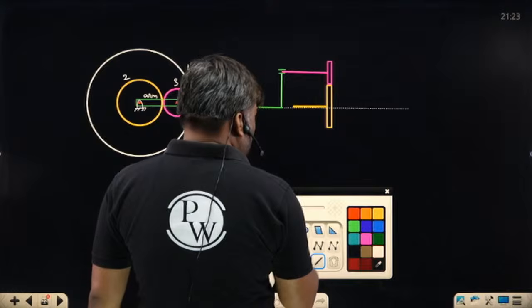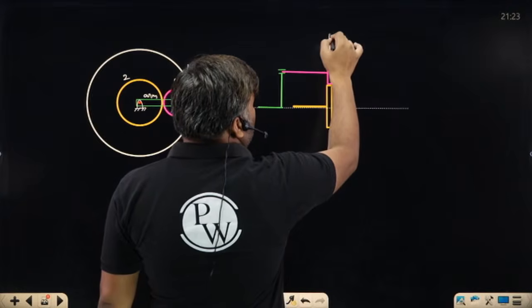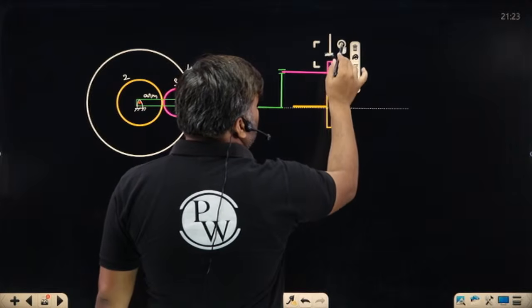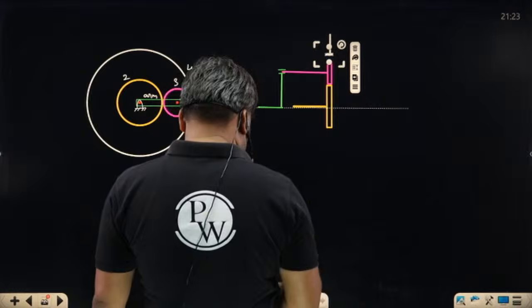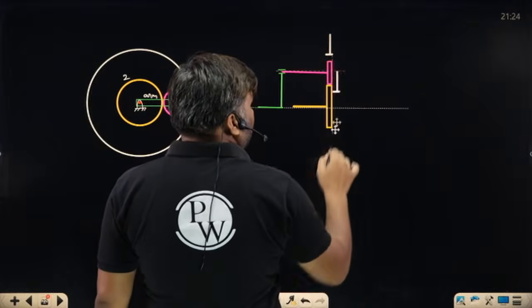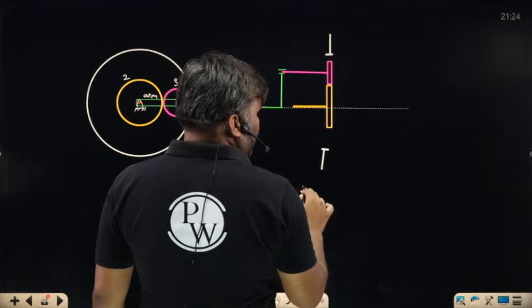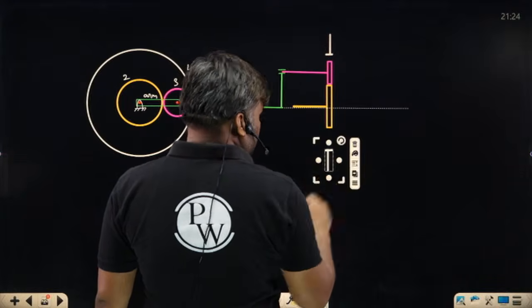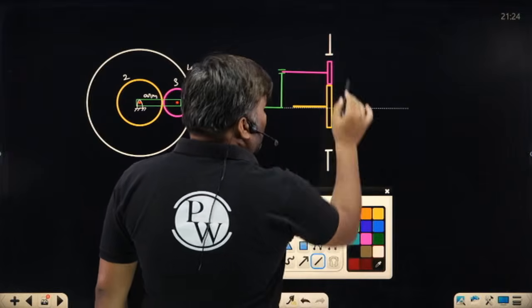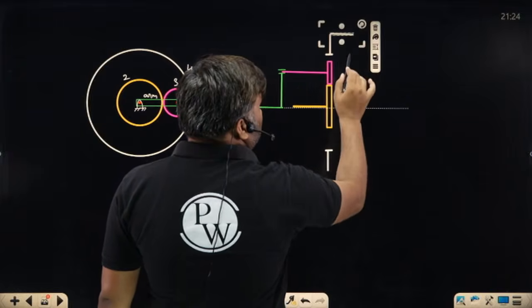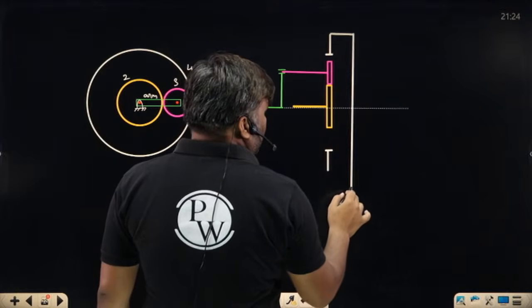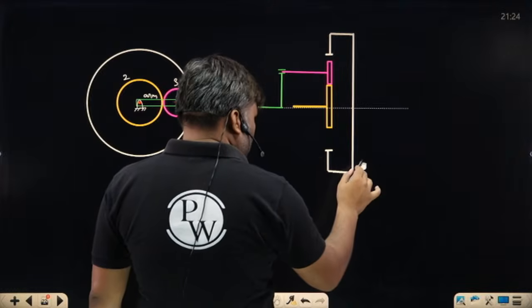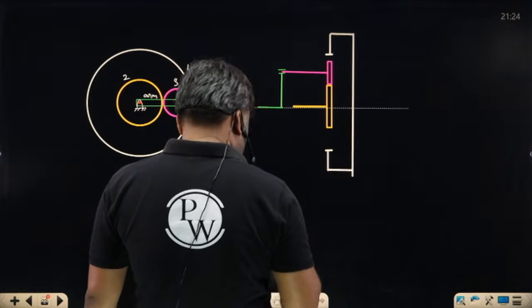How is that internal gear looking? Sir, internal gear ka body is like this, having internal teeth. This is the internal teeth. And let me show you the body. Body looks like this. This is your white color ka internal gear.